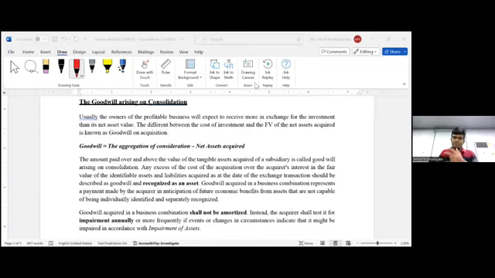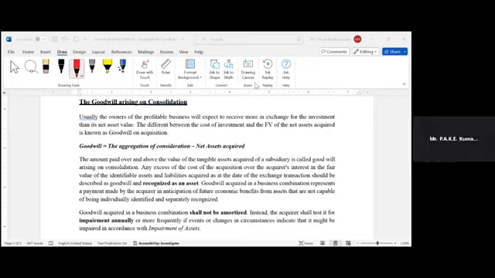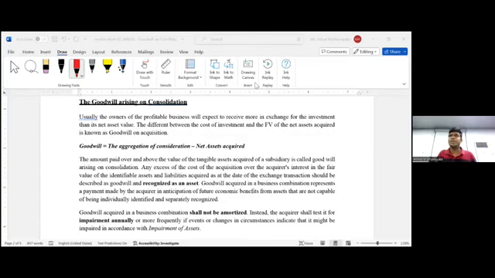And you have said another thing, brand value. When we have internally generated brand value, we can't record it under the financial statements. Any other things?